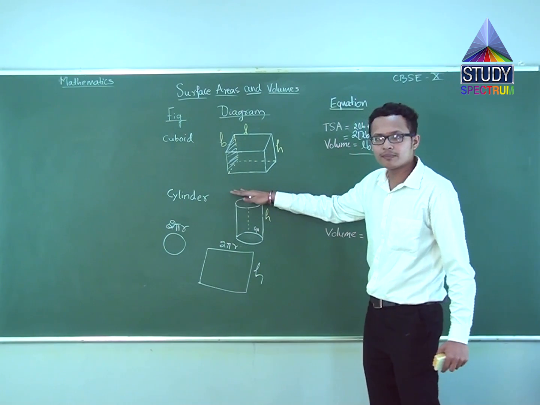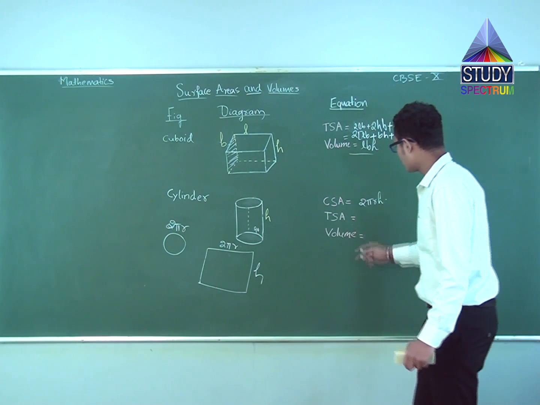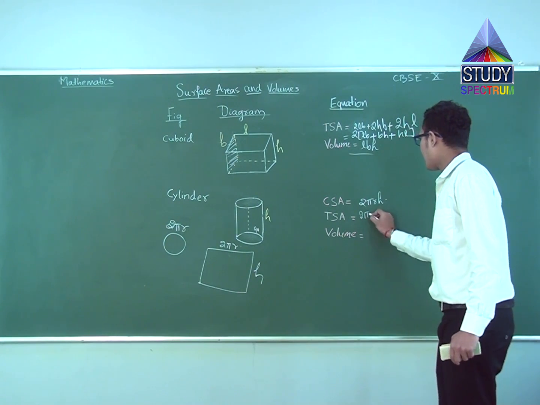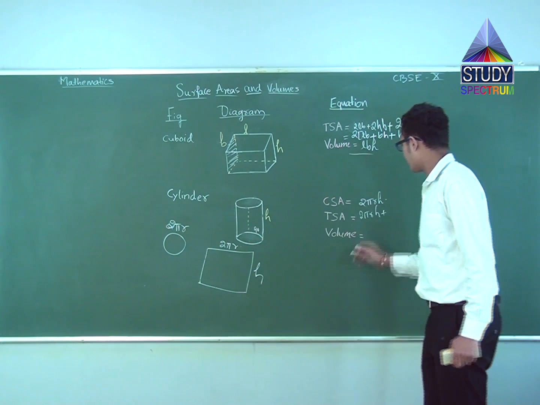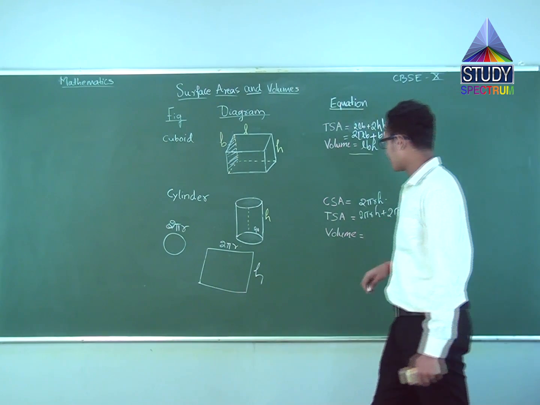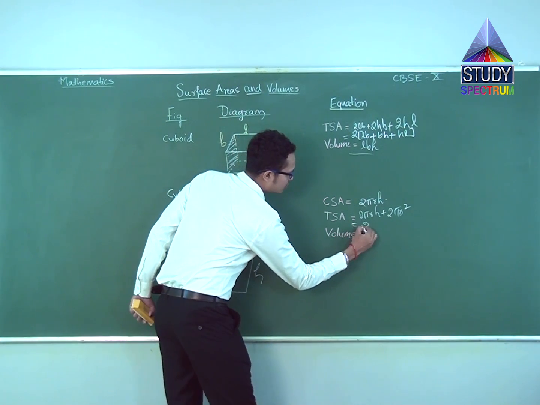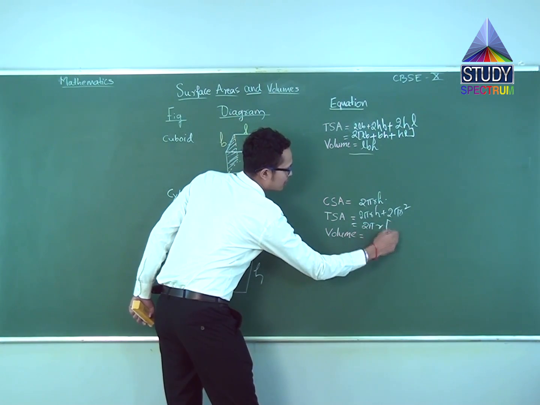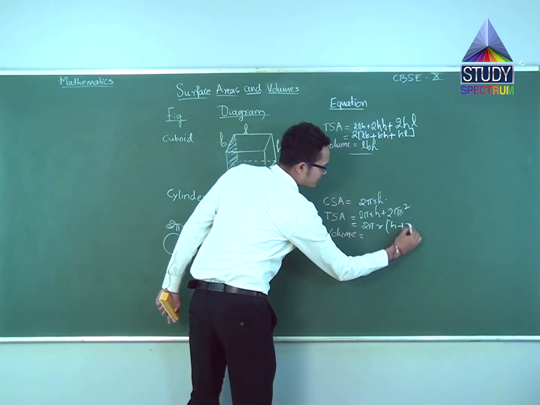So the surface area of the top is pi r square, so will be the surface area of the bottom. So that is therefore 2 pi r h plus pi r square plus pi r square, 2 pi r square. Alright? Or if I take out the common terms, 2 pi r, what remains within the bracket will be h plus r.